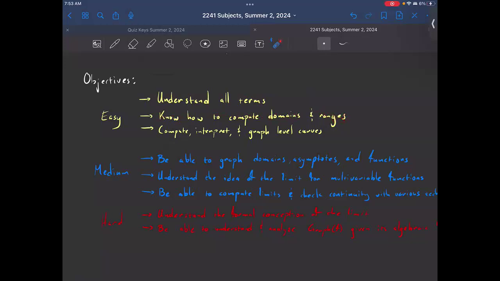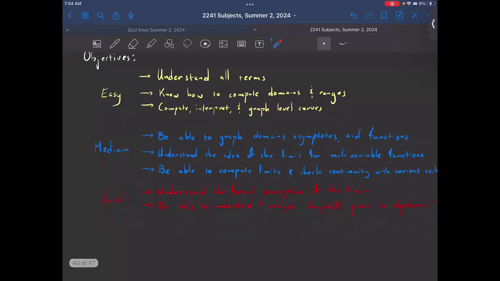This is an important skill to have later on when we need to think about the types of objects that we're dealing with and where things are getting plugged in. The other thing is that you should be able to compute, interpret, and graph level curves. You haven't seen these too much yet, but it's not really that difficult. You just have to get used to turning three-dimensional things into two-dimensional things. Once we've done some examples, this should become an easy objective.